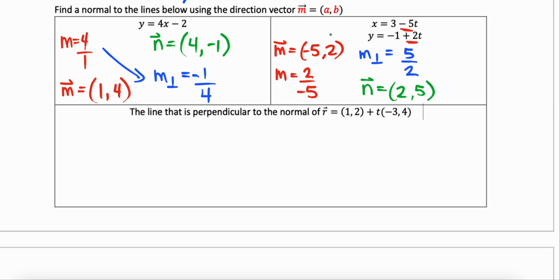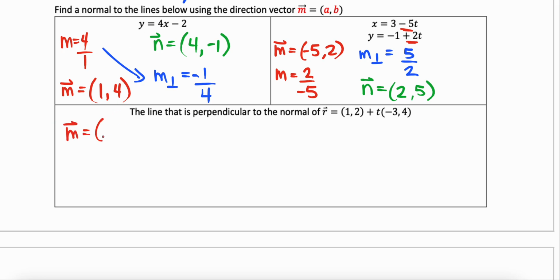And then the last one says, can you find a normal vector to a line that is perpendicular to the normal of the vector in equation form, r equals 1, 2 plus t times negative 3, 4. So again, I'm going to represent my direction vector.